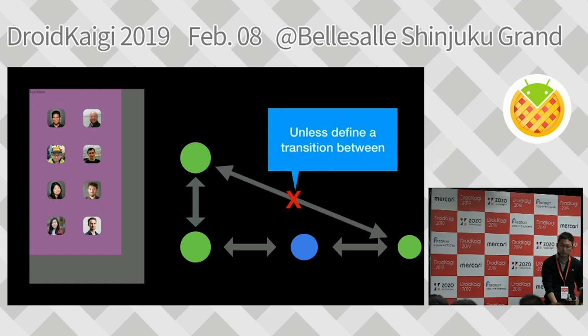But please keep in mind that between the state where the side nav bar is fully open and the state where the bottom dial pad is visible, you can't directly transition unless you define that transition. So in the example, I didn't put a transition between them, so now I can't transition between them.